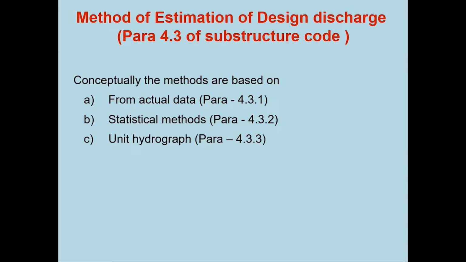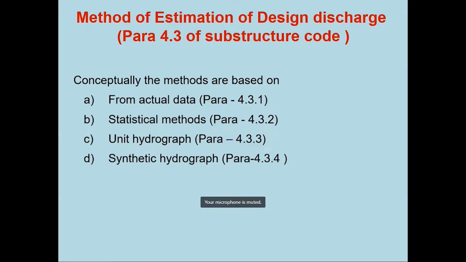Another word is the synthetic hydrograph. It is the same thing. The meaning of synthetic is that we have manipulated it, or constructed it, based on certain assumptions. That is why it is called the synthetic hydrograph. Though the unit hydrograph, as mentioned in C, is as per the actual site consideration, what we have received at site.